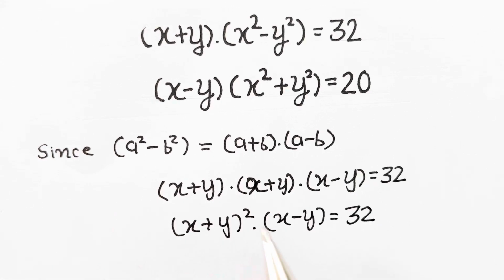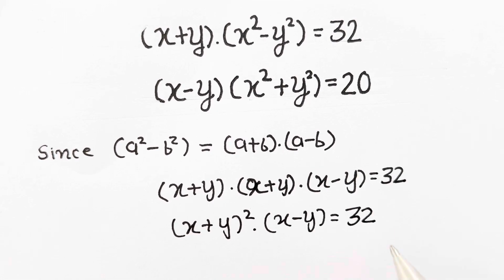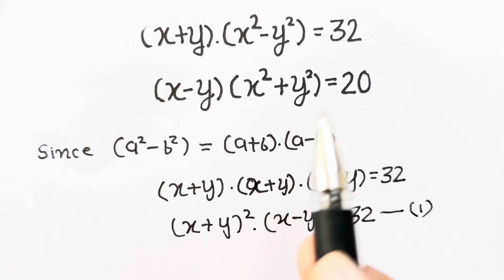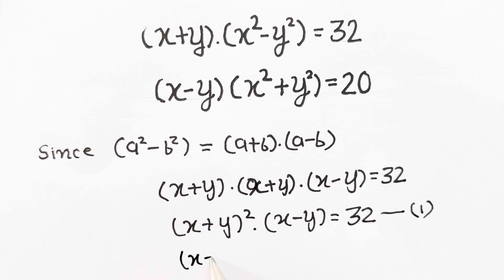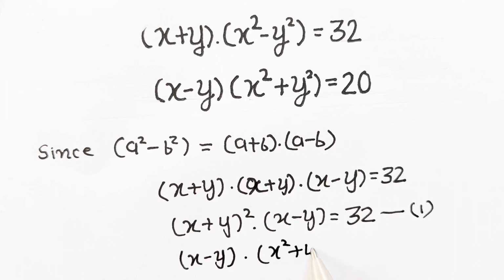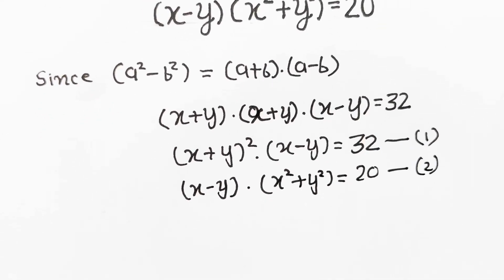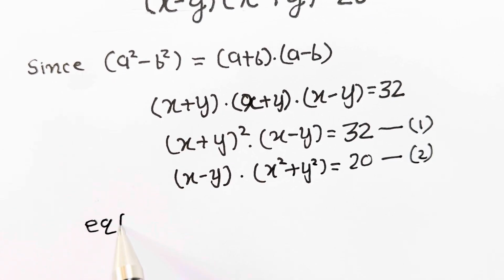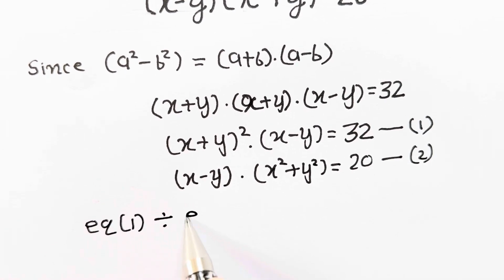For convenience, we number this equation as 1, and the second equation, which is x minus y into x square plus y square is equal to 20, as 2. Now, we divide equation 1 by equation 2.